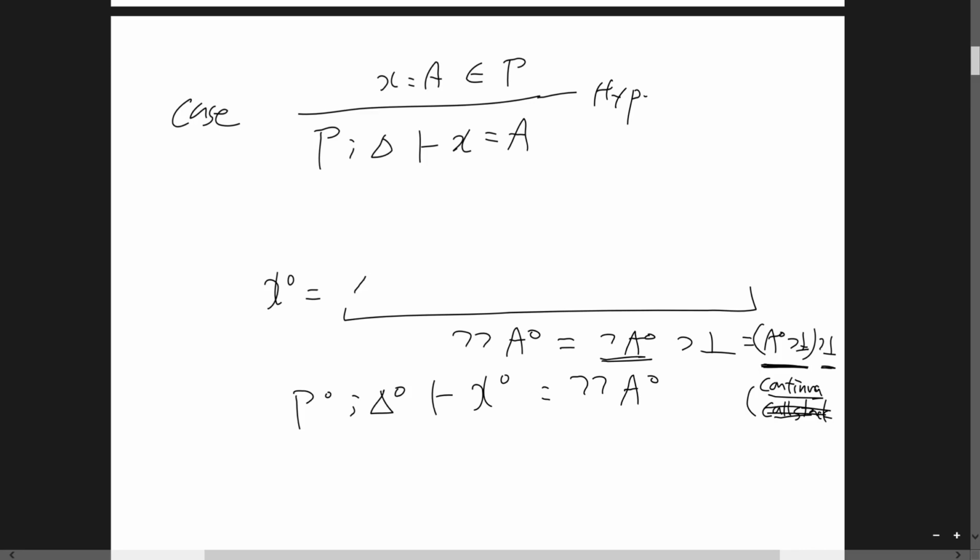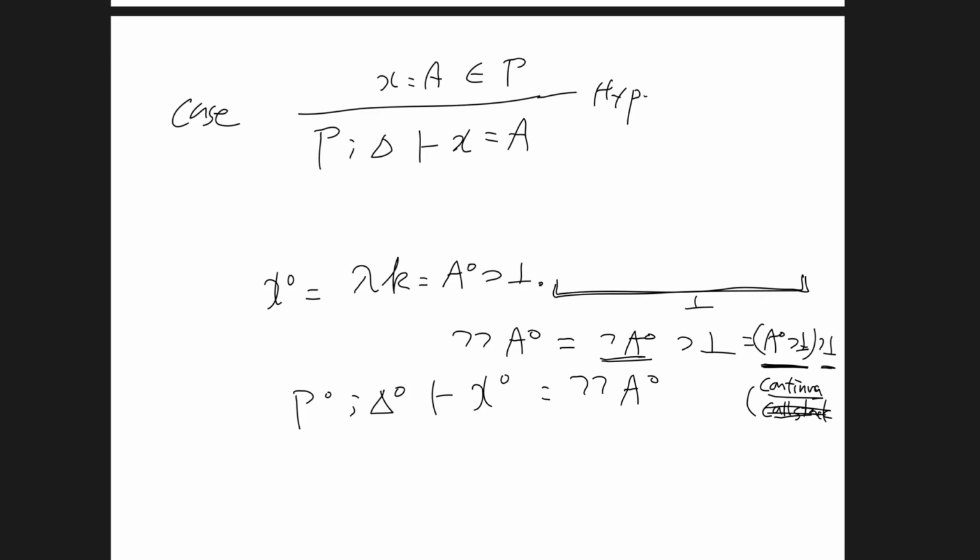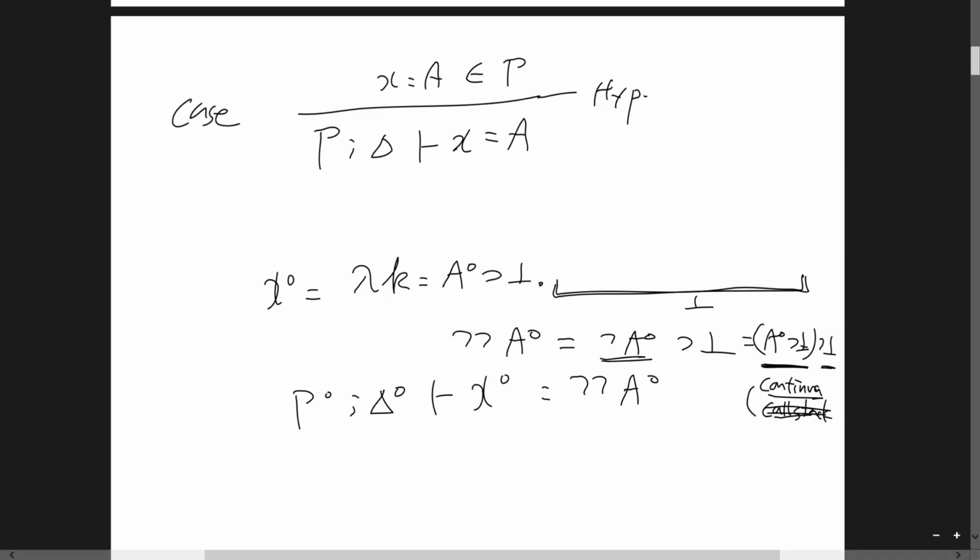So give me some continuation of type A circle implies bottom, and now the problem is reduced to finding a proof term of type bottom. So now you have to find some answer. And in this case, it's pretty easy to find an answer because now you have a continuation K of type A circle implies bottom.